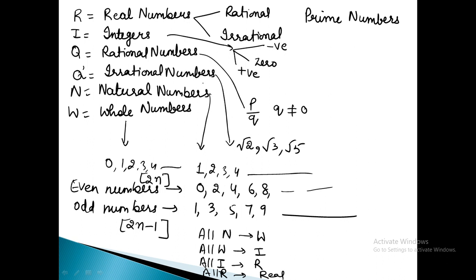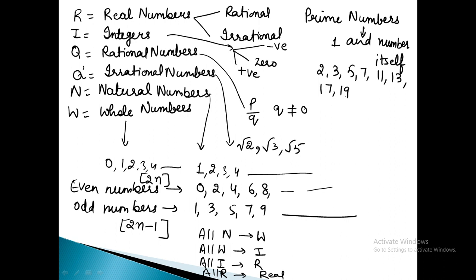Prime numbers have two factors, 1 and the number itself. For example, 2, 3, 5, 7, 11, 13, 17, 19, etc. These are the prime numbers.